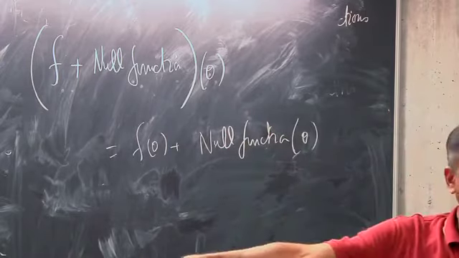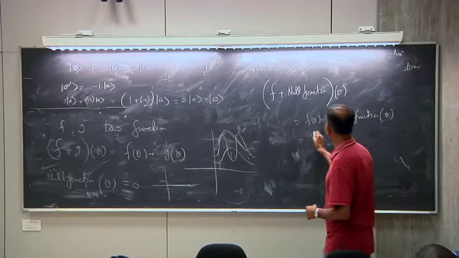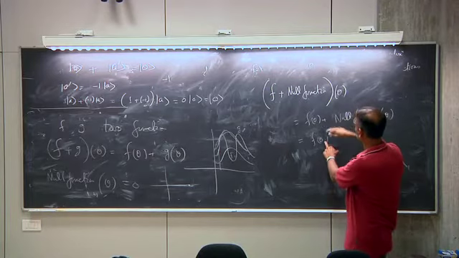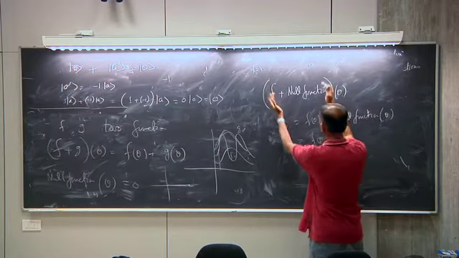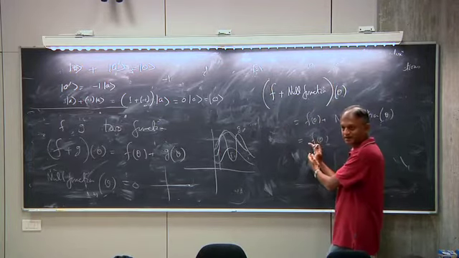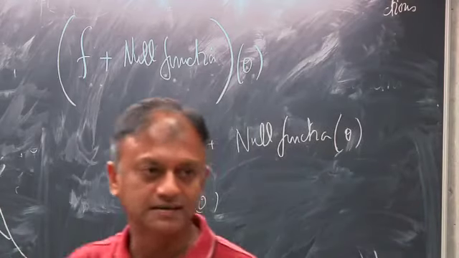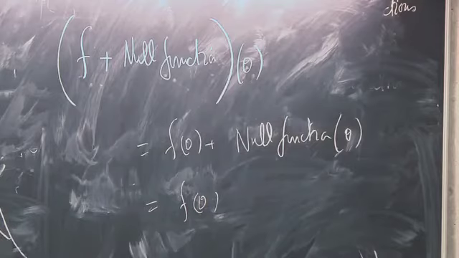But this by definition is 0, right? So this is the same as f of theta. Since this is true for all theta, that means f plus the null function is the same as f, which was the basic property of the null. That's a null function, the null vector.